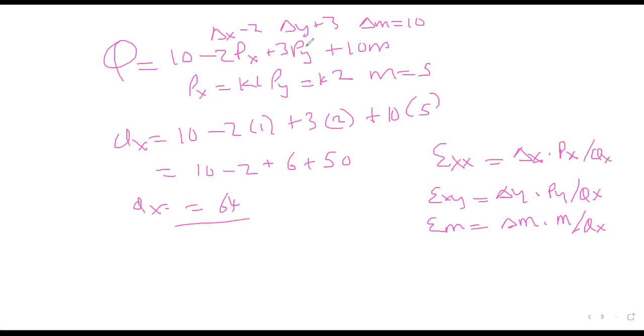Now, we need to understand three things. Number one, if the signs are different, it means these commodities are opposing each other. This is called substitute goods. If the signs are the same, it means they're complementing each other. They're called complements.